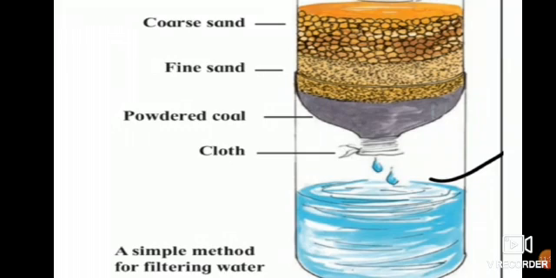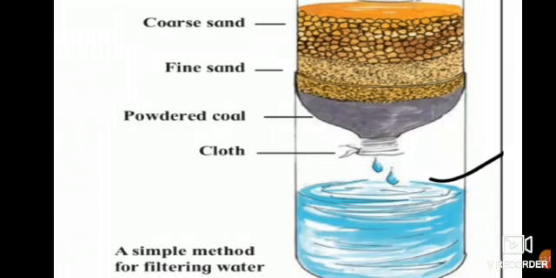Cut off the base of the bottle. Hold the bottle upside down. If you see in the picture, you can see it. See, upper part is different and the down portion is different. So it is only one bottle, but you are going to cut that bottle into two. So the upper part will be upside down.